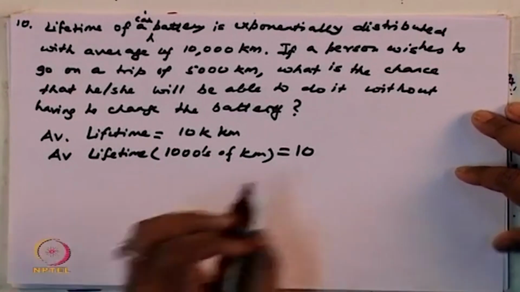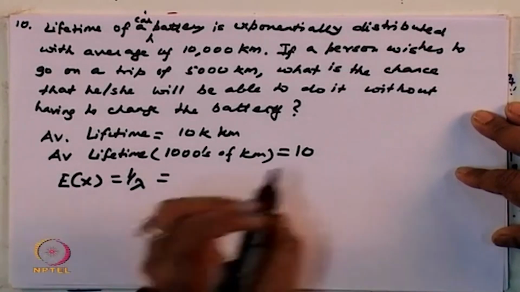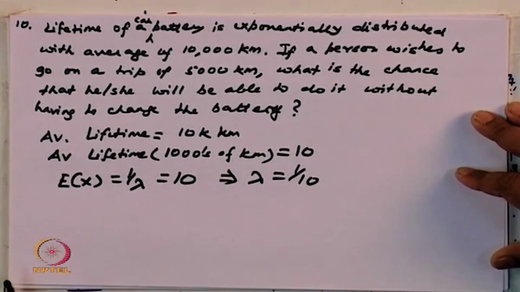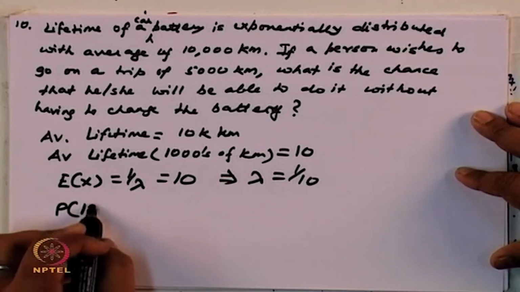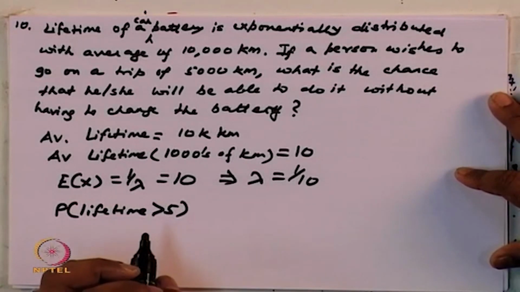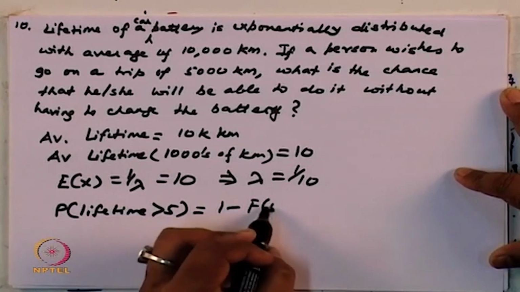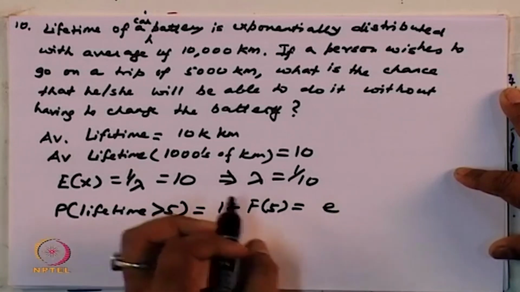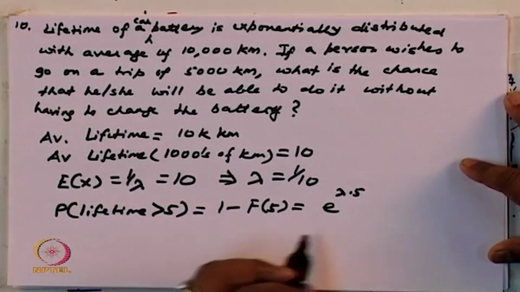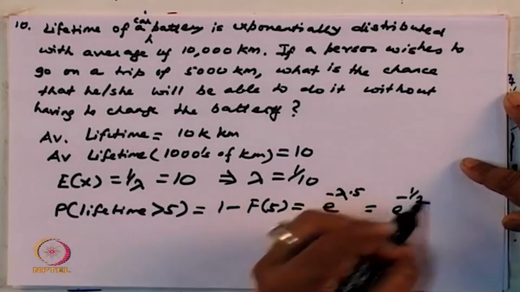I know the expectation of an exponential distribution is 1 by lambda, and this is the same as 10, which means my lambda is 1 by 10. I want to calculate the probability of lifetime greater than 5, which is 1 minus F(5), equal to e to the power minus lambda times 5, which is e to the power minus half.